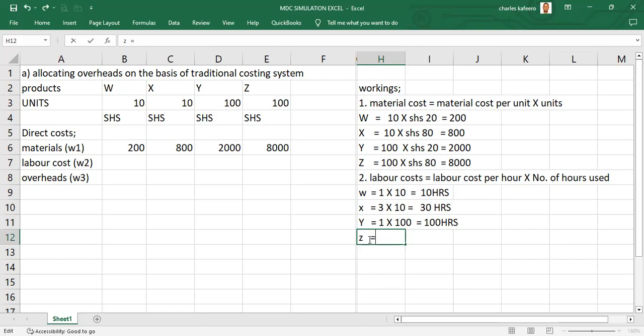So this will be the product Z, it will be the 3 hours multiplied by the number of units. And this will give us 100 hours. So since we have got the total hours that we need, we can also maybe get the totals. The totals will get the 300 hours plus the 100 hours plus the 10 hours and the 30 hours.